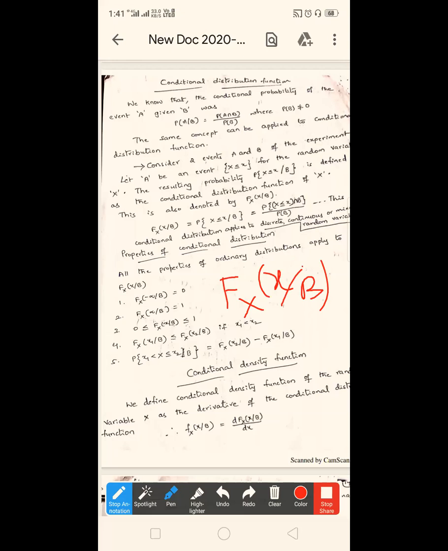So capital Fx of small x given B is the notation to represent the conditional distribution function. Normal distribution function is represented with capital Fx of x, whereas a conditional distribution function is represented with capital Fx of small x given B. This is the notation.